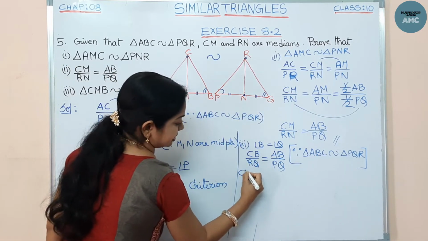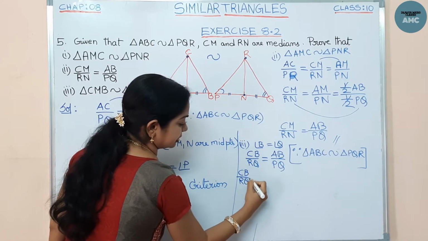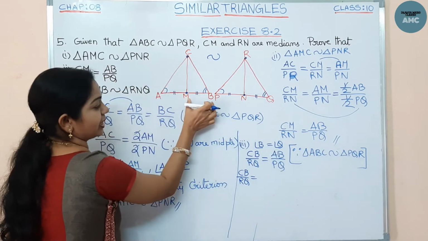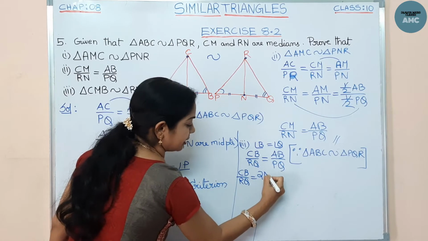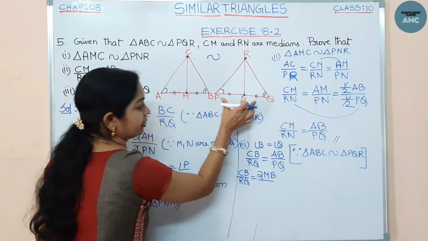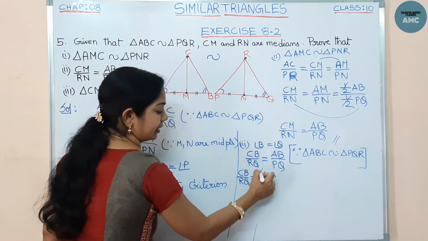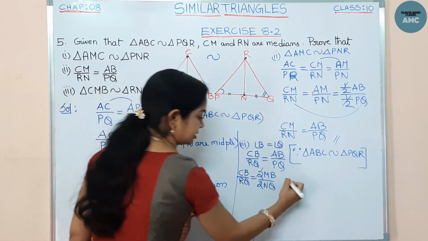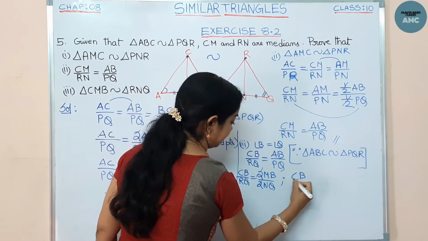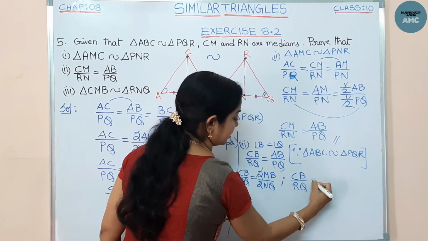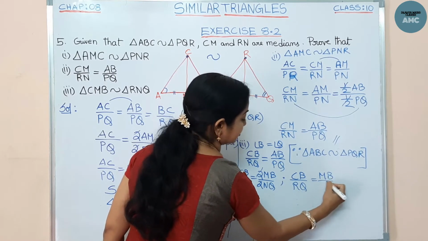CB by RQ, here AB I'll write as twice MB, and PQ as twice NQ. Now I can cancel off 2 and 2. So this comes to CB by RQ equals MB by NQ.